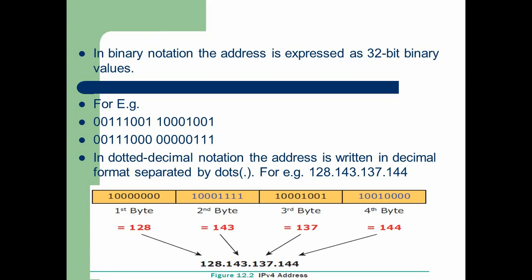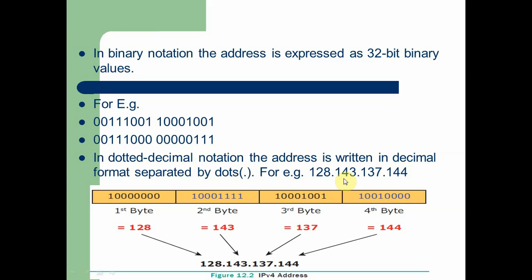For example, here you can see 8 plus 8 is 16, and 16 plus 16 is 32 bits allotted for each computer in a network. In dotted decimal notation, the address is written in decimal numbers separated by dots.